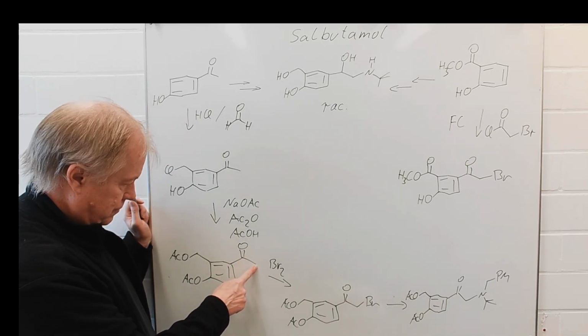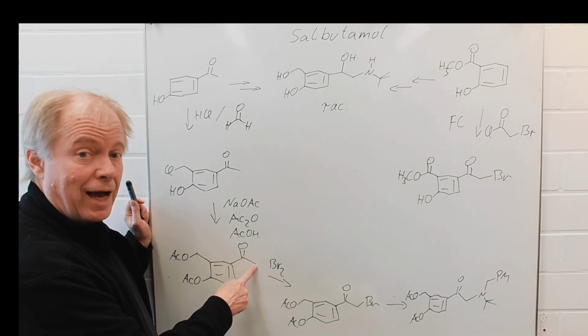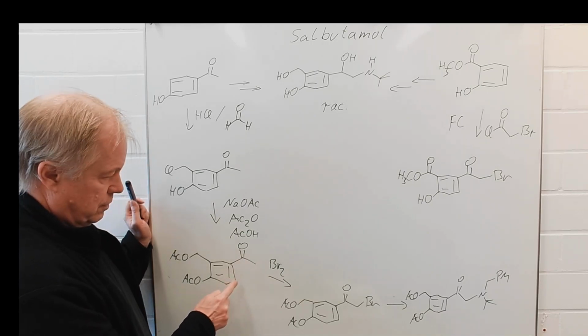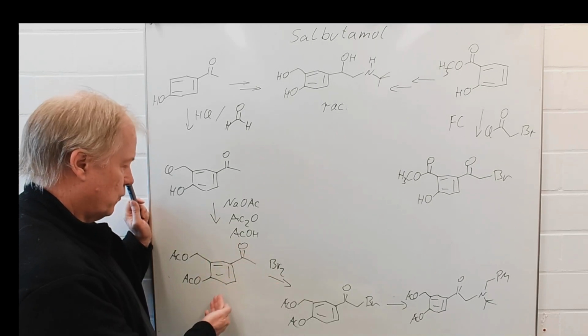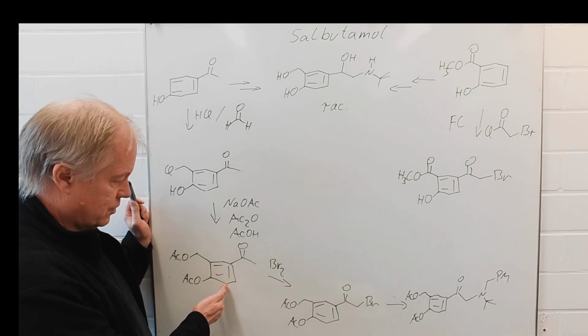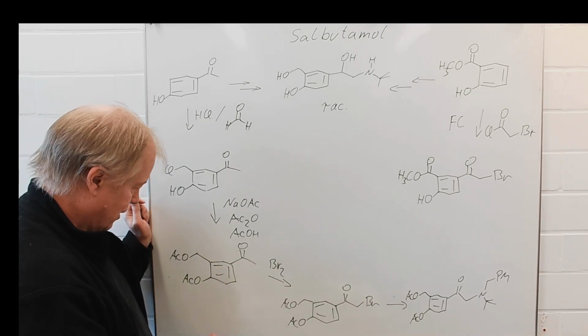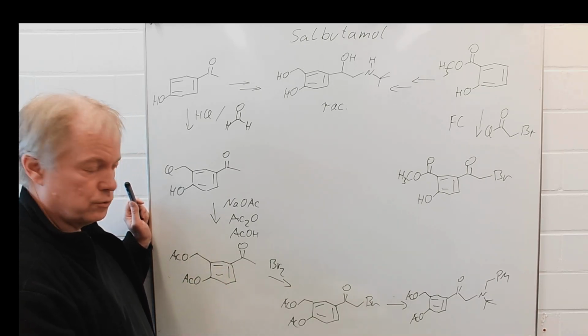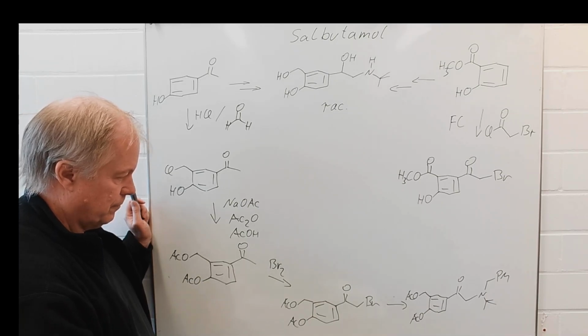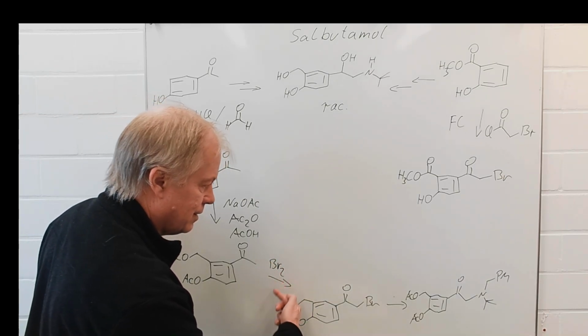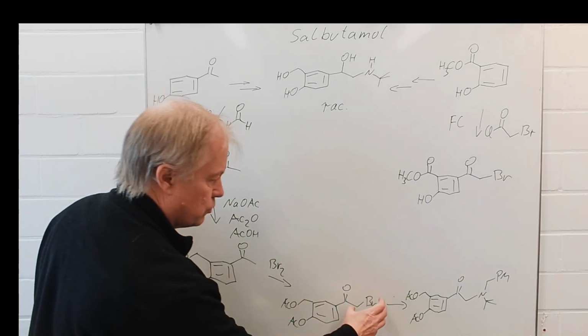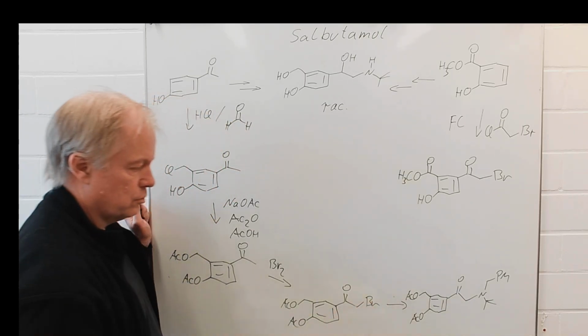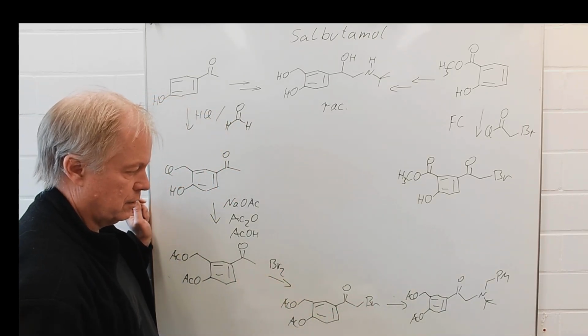Therefore, we have to inhibit the tendency for electrophilic aromatic substitution. This is done by introducing that acetyl group, and we then nicely get to this bromomethyl group here, alpha to the carbonyl group.